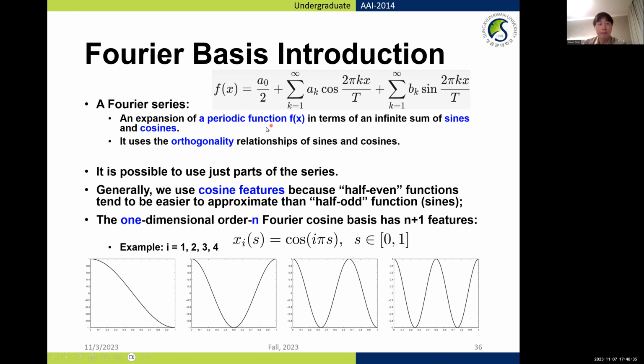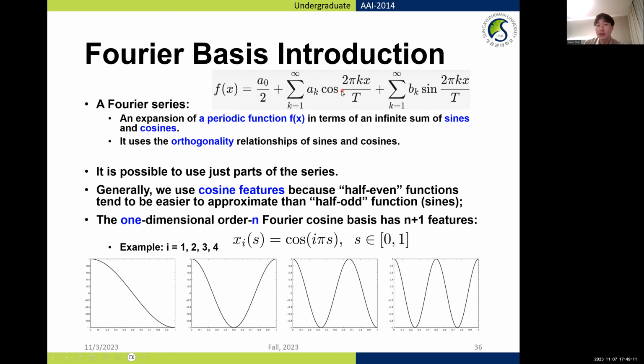Then a_k and b_k are coefficients, which consider the orthogonality relationship of sines and cosines. It means that some components will be used and some will not. If you are interested in the Fourier series, you can check the related information. But you need to understand the key part: for a periodic function, we can use either cosine or sine to represent any function.